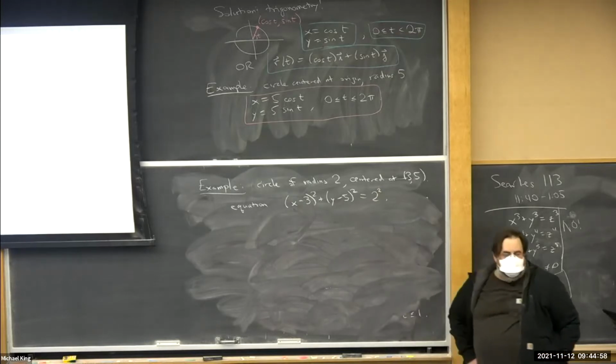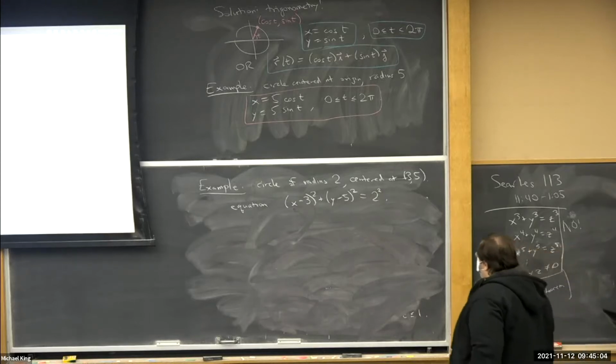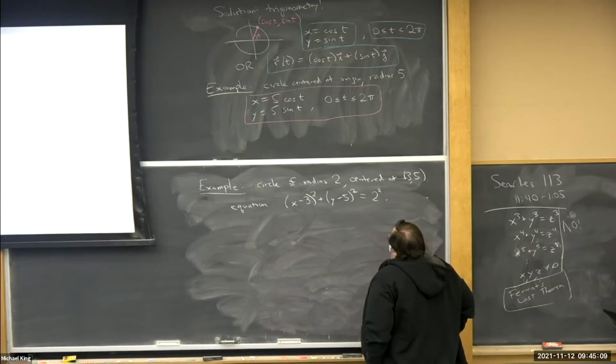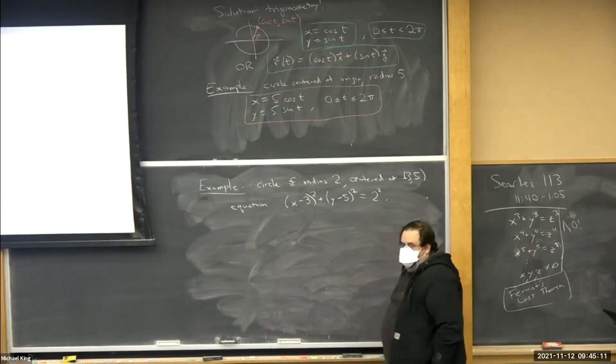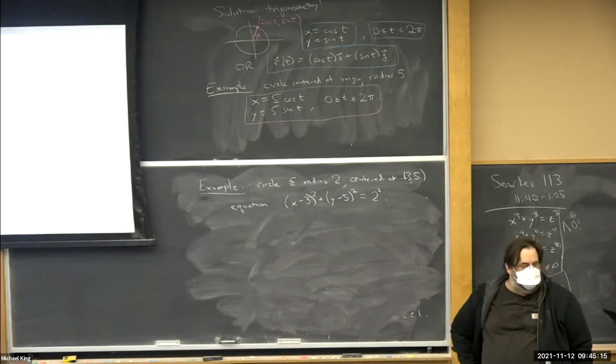Right, that's the equation, but the parameterization should satisfy the equation. So what do I really want x to be? Can anybody see what I want to set x equal to in terms of t to make this work?